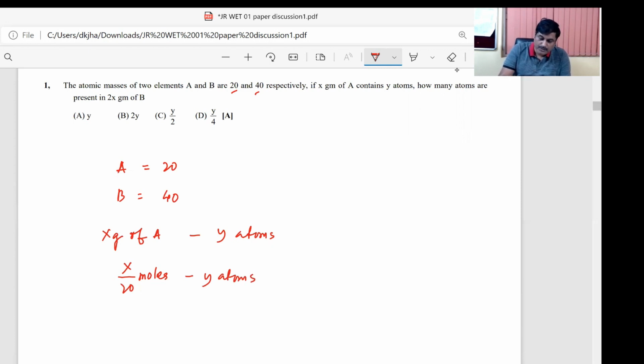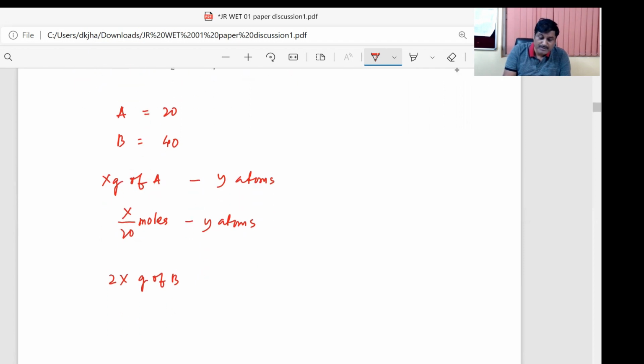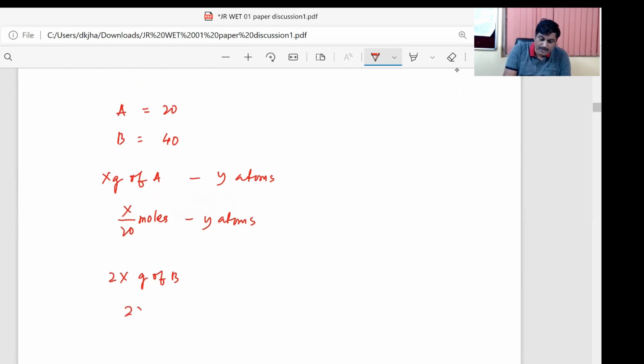Now see, how many atoms are present in 2X gram of B? 2X gram of B means how many moles? 2X by 40 moles.